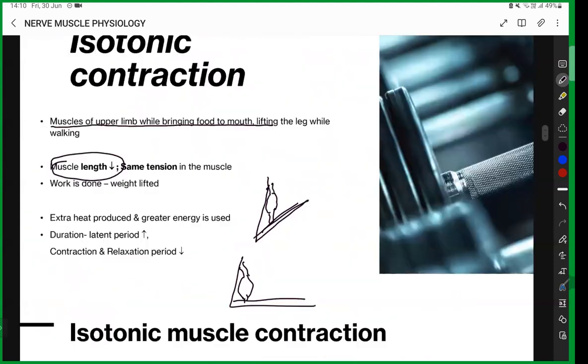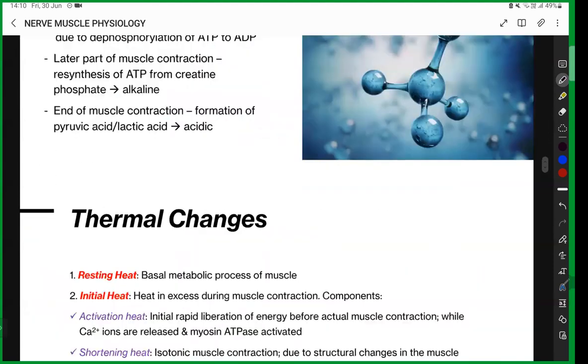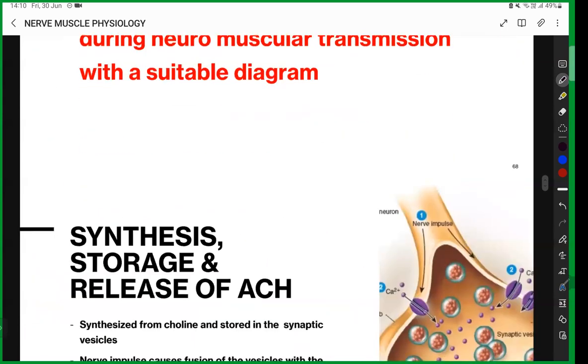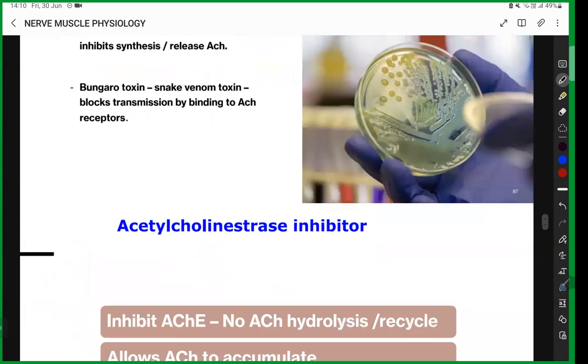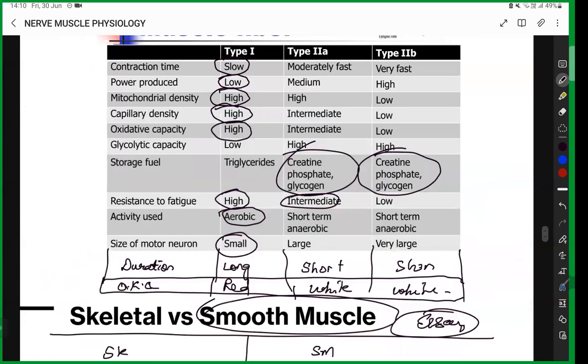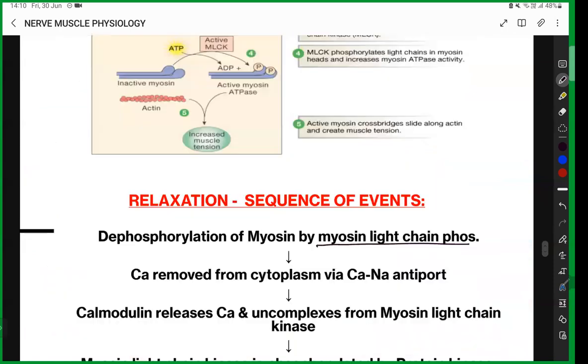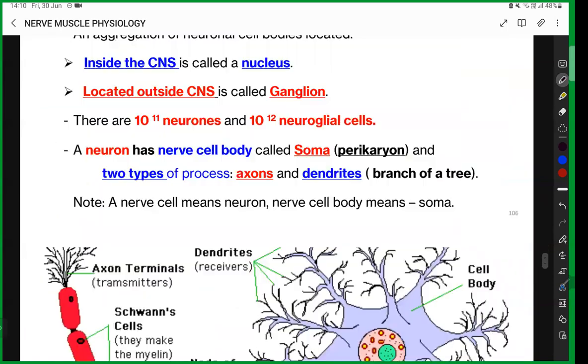Now moving on towards the nerve physiology. Okay. Talking about the nerve physiology, I think you all have already discussed in general physiology how action potential is generated, how a nerve is going to be present.